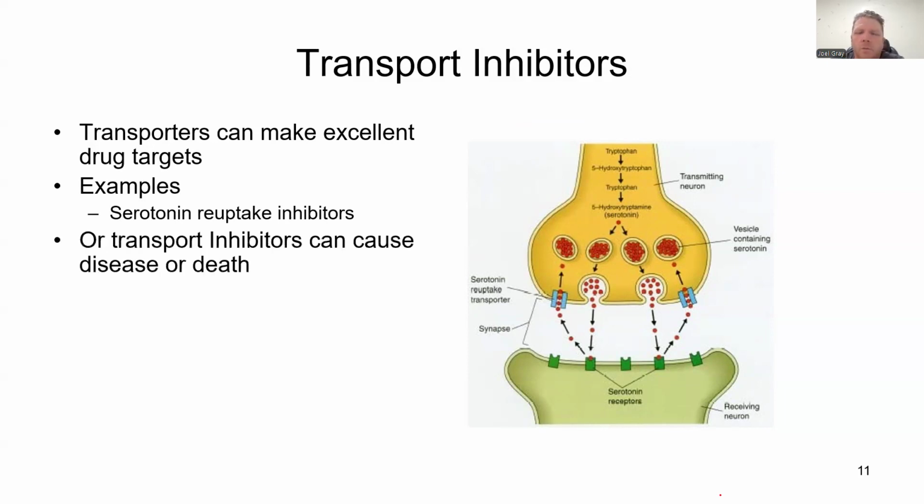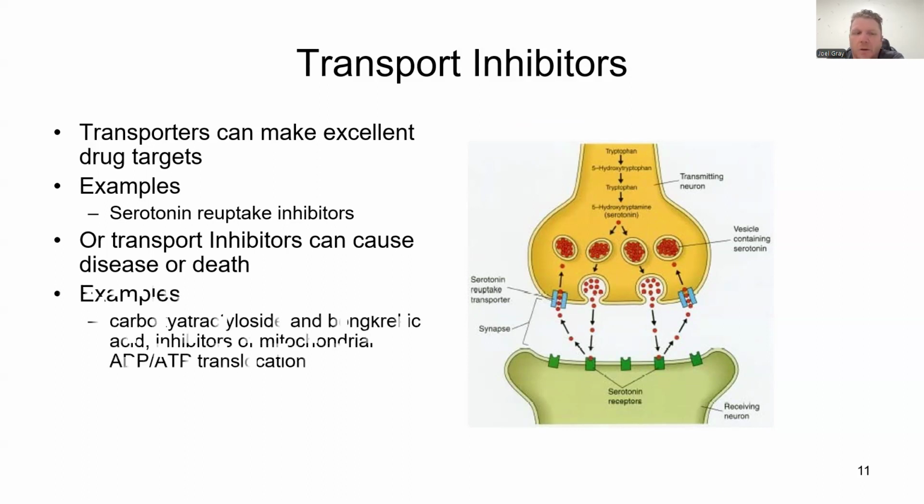What they do is they prevent serotonin from being taken back up by a neuron. These transport inhibitors can cause death. Carboxyatractyloside and bongkrekic acid, inhibitors of mitochondrial ADP/ATP translocation, are how they function.